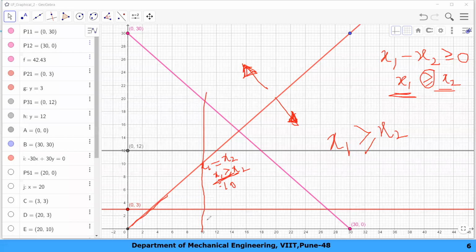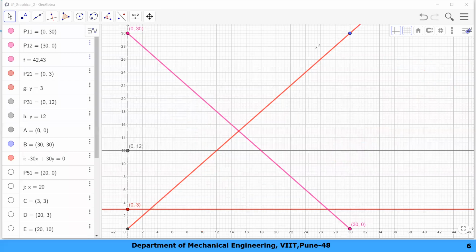So on this line x2 should be below. Above it, what happens here, x2 becomes 11, 12, 13 and so on. But our condition says x2 should not be more than x1, so cut this part. Now below this it is possible, right? So for constraint number 4, our feasible region is below this line.